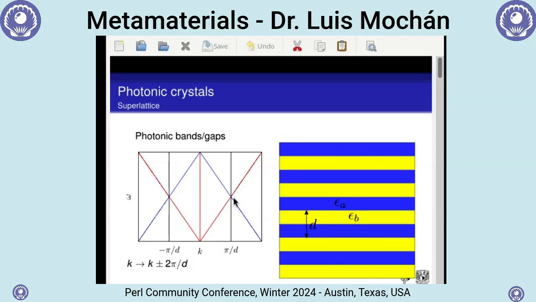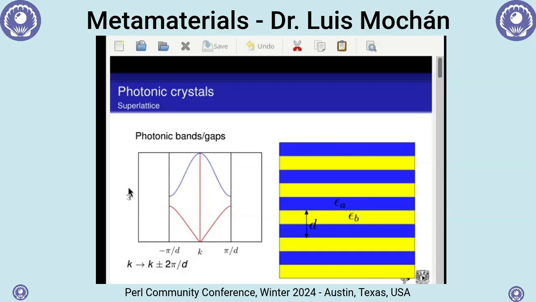And anytime you have two degenerate states, this one going leftwards, but coupled to this one that is going rightward, with the same frequency, then the degeneracy is broken and you open up a gap. And this gap means that there is a region of frequencies where the electromagnetic energy cannot propagate. So this is what is called a photonic band gap.